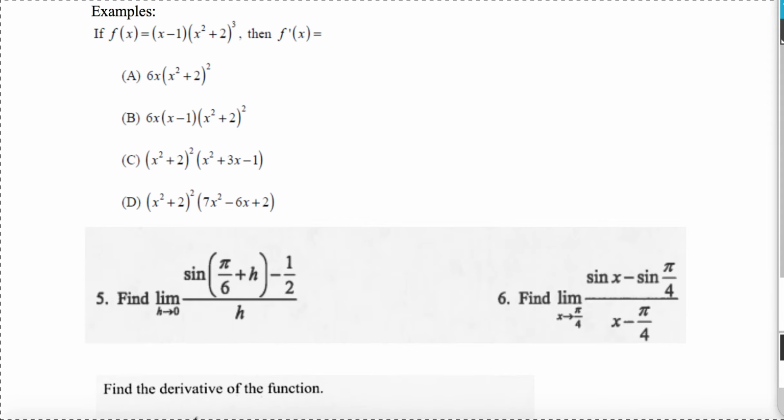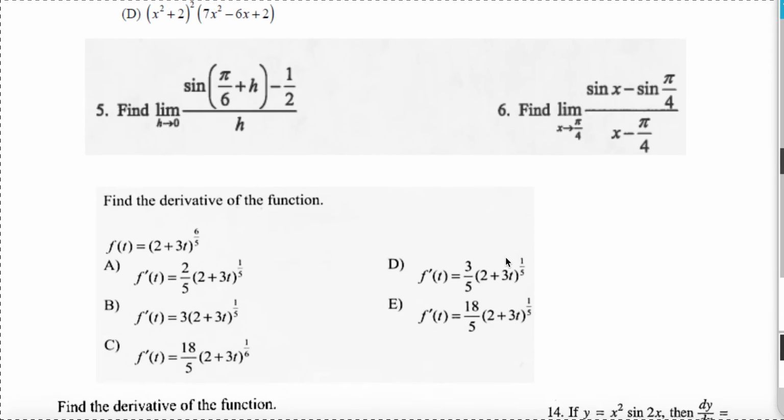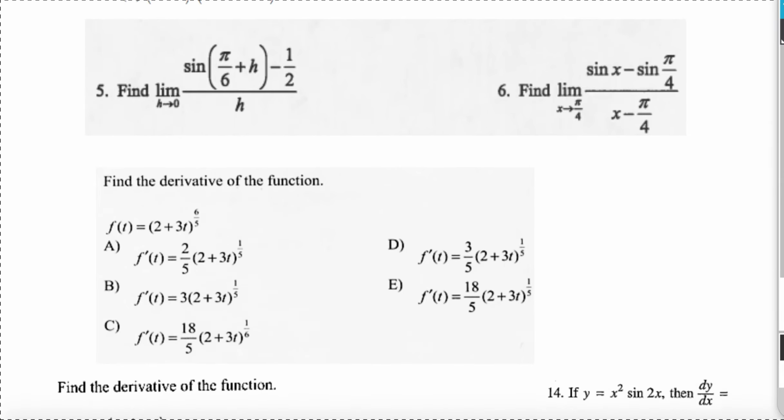All right. We also need to remember our limit definitions of a derivative, and that's what 5 and 6 are asking us about. Remember, there's two different limit definitions of derivative. One of them says the derivative of f at a is going to be equal to the limit as h approaches 0 of f of a plus h minus f of a, all over h, where h is the distance between the 2 points I'm taking my slope.